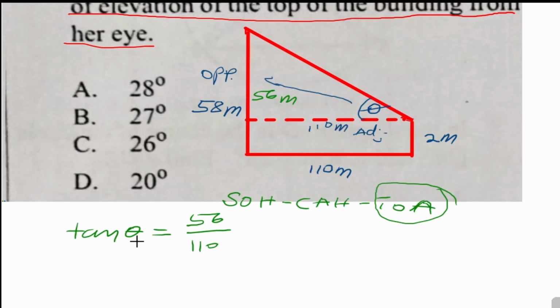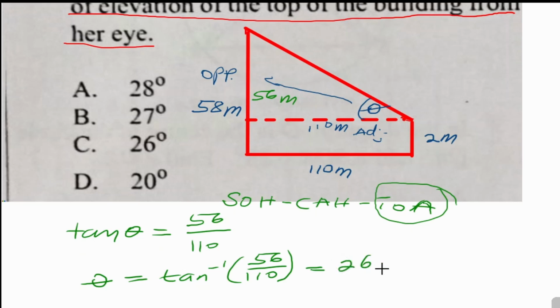And to calculate for theta, we need to take tan inverse of both sides. So by doing that, theta is going to be tan inverse of 56 divided by 110, and that will give us 26.9802.